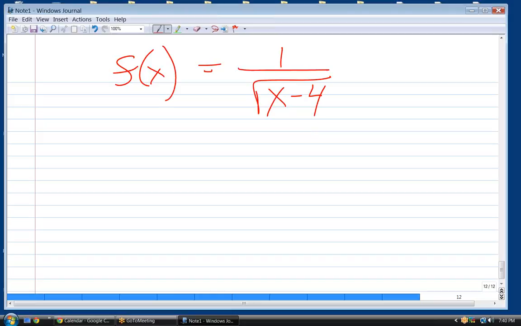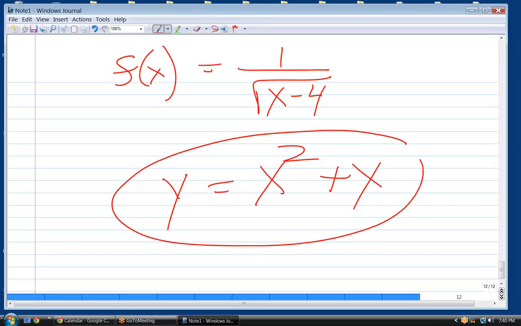Domain is about which variable? X. Okay. And domain is usually about what x cannot be. In other words, most of the time, x can be anything. If I said this, well, x can be anything. There's no restrictions on it. So the domain for this function would be all real numbers.